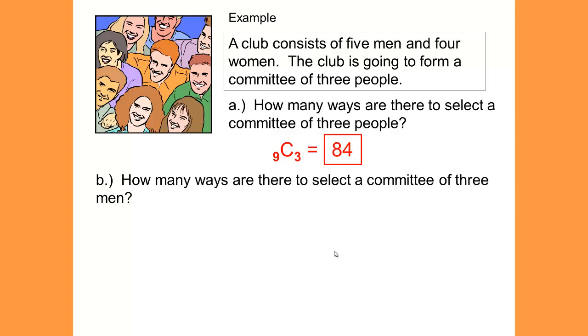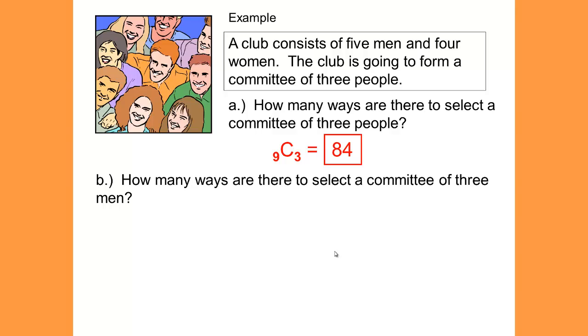So B, how many ways are there to select a committee of 3 men? Well, this is sort of like conditional probability. We know that we're only dealing with the men. So we are looking at just the 5 men on the committee. Since we're looking at the 5 men, the conditions on the question are the same, other than the fact that we're only dealing with the 5 men. We have no repeats and order is not important, so we're still dealing with a combination.